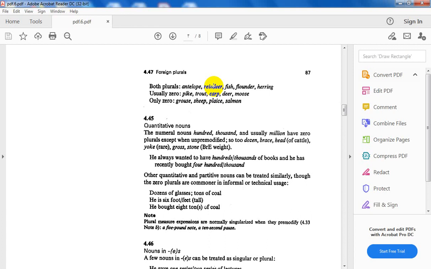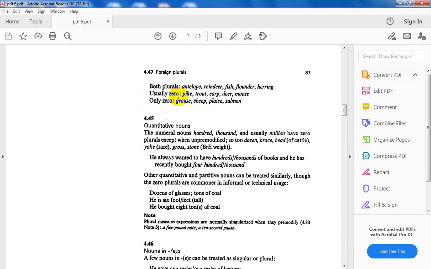If it is classes or kinds or species, it is regular plural. Usually zero means it is preferred or highly preferred to be zero.